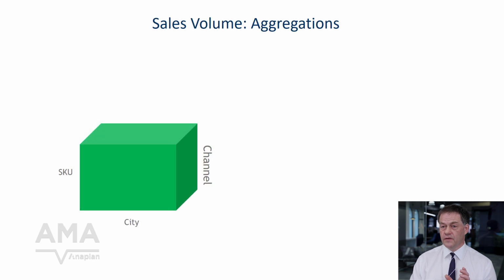So if you look at the leaf data, the SKU by city by channel data, that's one block.